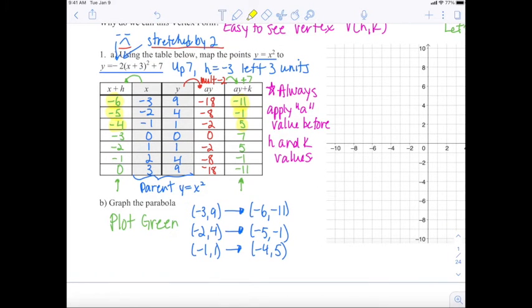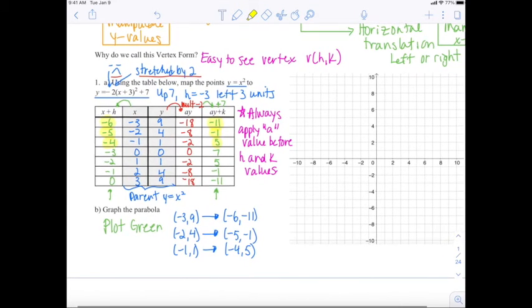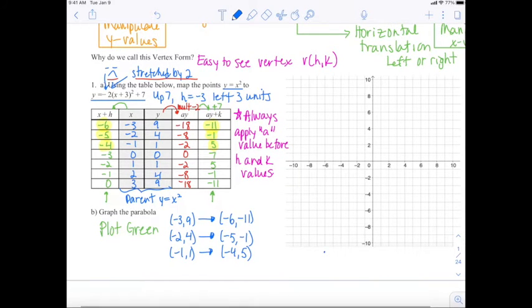All right, so I'm not going to write them all in. I am, though, just going to plot them. So here we go. I've got -6, -11. It's a little bit off, but we can probably squeeze that in. -5, -1. -4, 5. -3, 7. -2, 5. -1, -1.